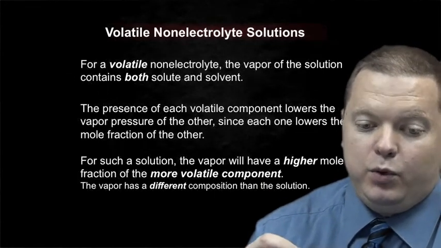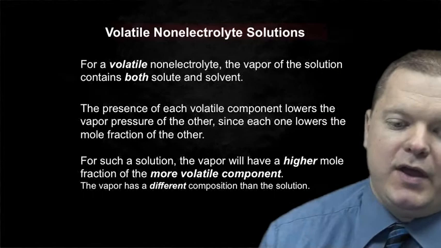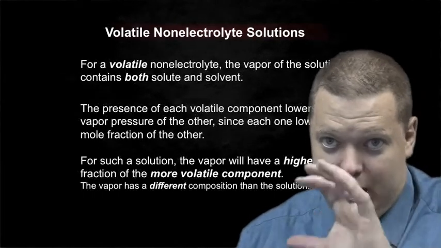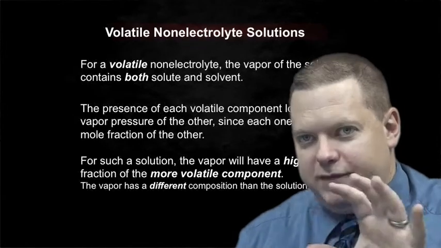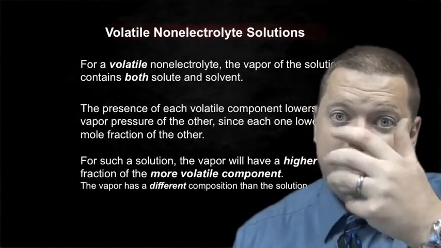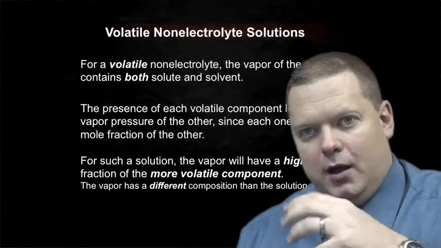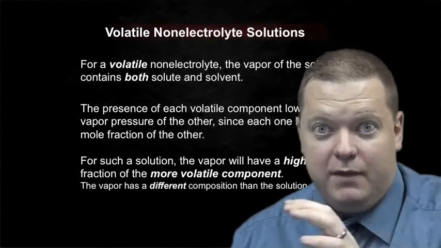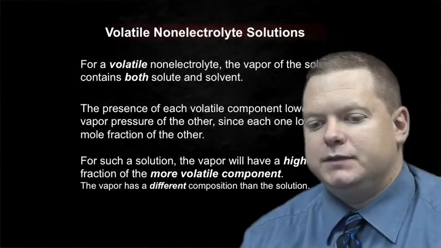The vapor will have a higher mole fraction of the more volatile compound. So we need to take into account these mixtures. We'll look at which one is more volatile, and the most volatile is going to have the higher vapor pressure, but the overall vapor pressure is still going to be lower than any of the pure volatile compounds themselves.